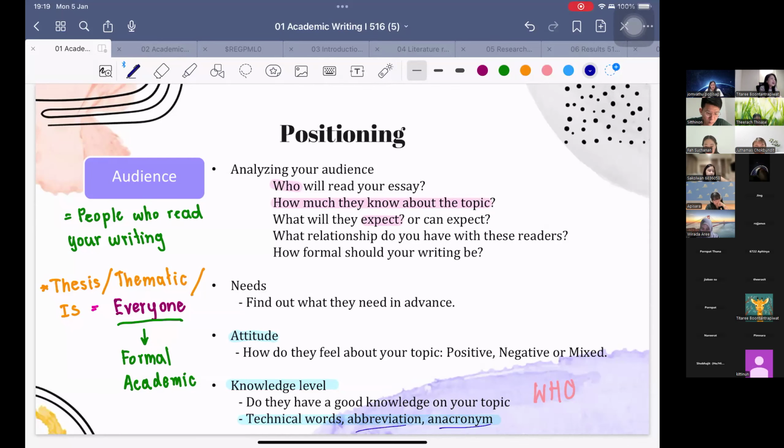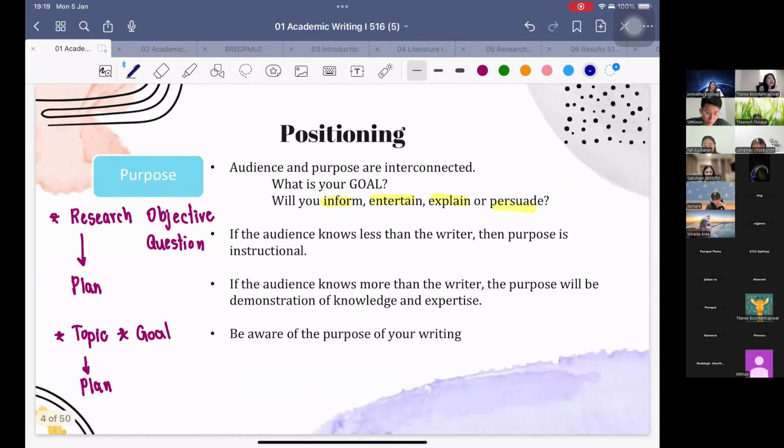The first thing is about audience. The second thing is purpose. Definitely before you write anything, you need to know why you're writing this. It's quite clear when you write a thesis: your purpose would be your research objective or research questions.